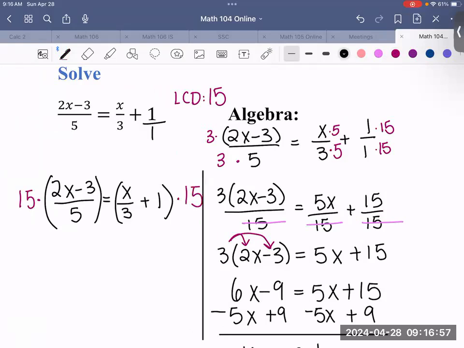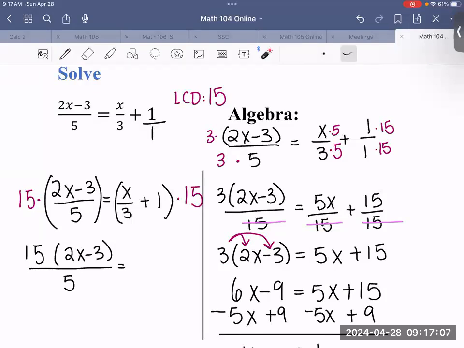And then we can have 15 times (2x minus 3) over 5 is equal to, and then again, distributing that 15 to both sides, 15x over 3 plus 15.